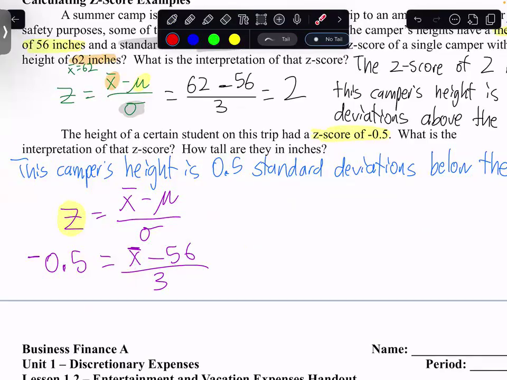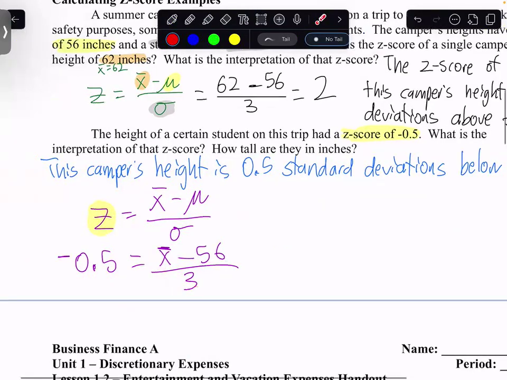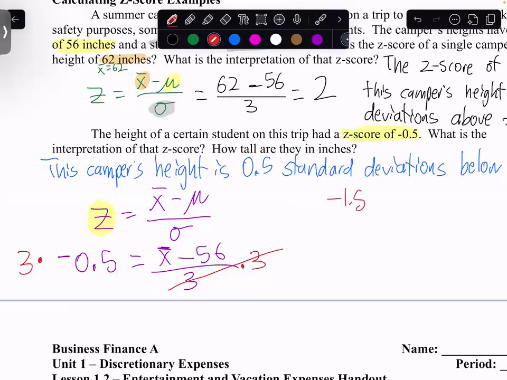I would start by getting rid of the divide by 3, the denominator. To cancel out a divide by 3, the opposite would be to multiply by 3. And because it's an equation, to keep it balanced, you need to multiply both sides by that number. So 3 times negative 0.5 gives us negative 1.5.